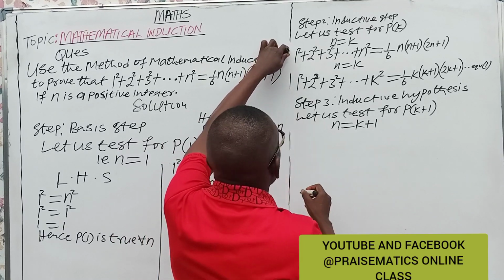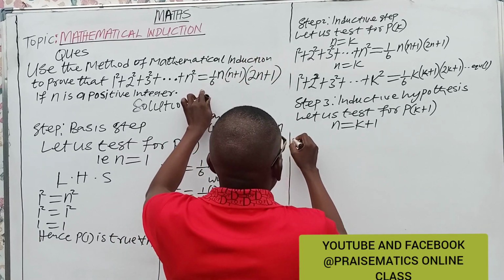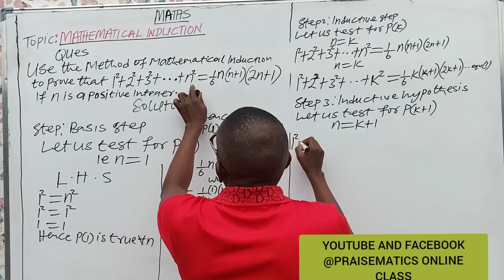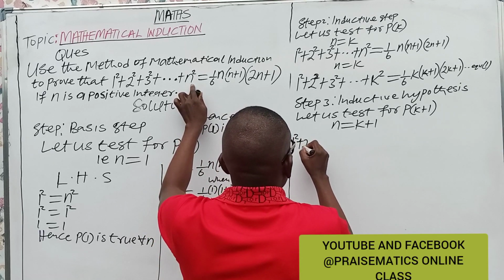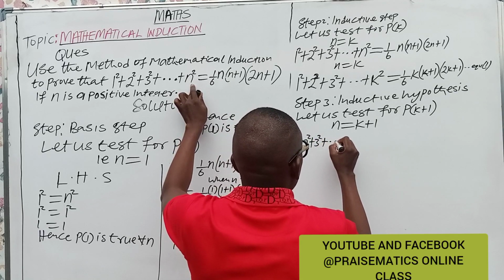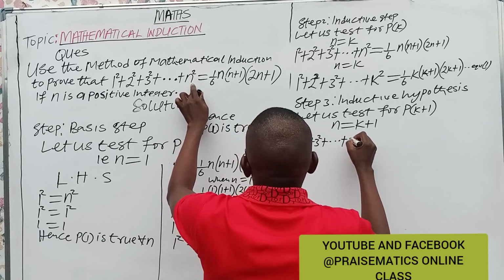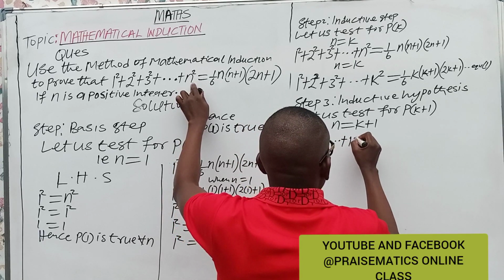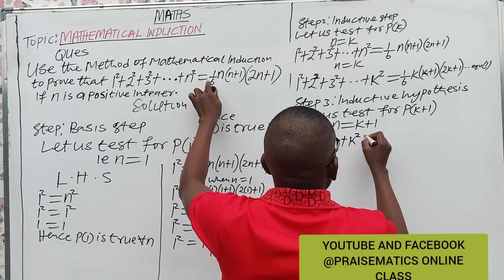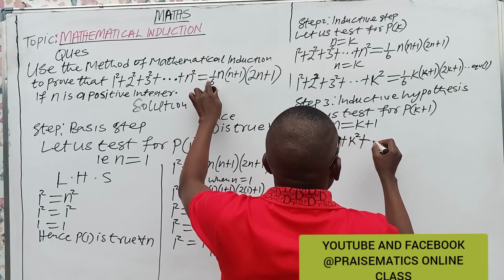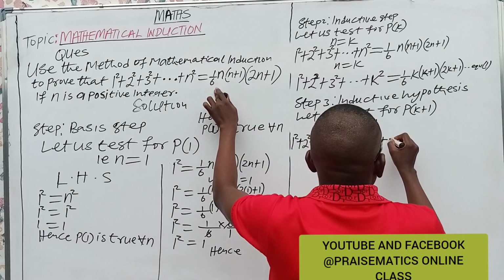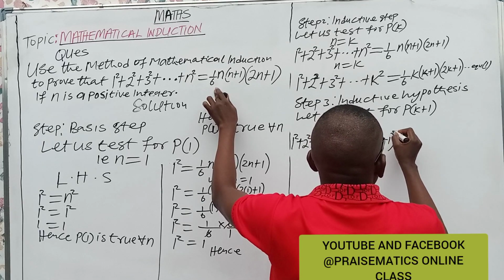From the original equation given to us, we have 1 square plus 2 square plus 3 square plus ... plus k square, plus, now we are going to add, when it is k plus 1, (k plus 1) raised to power, square.